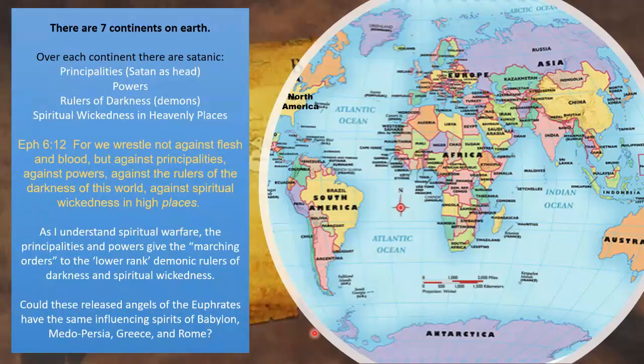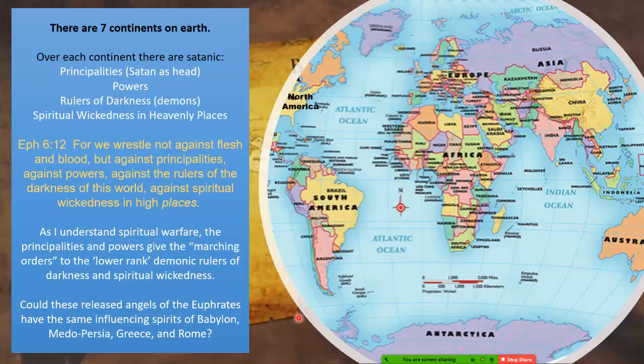But also, I want us to think about those 7 hills as possibly being 7 continents on the earth. Because we have North America, South America, Europe and Asia, Africa, Australia, and Antarctica.